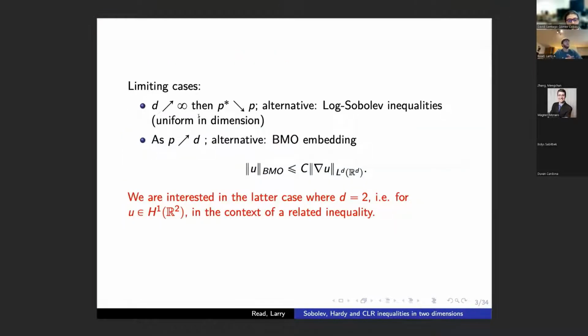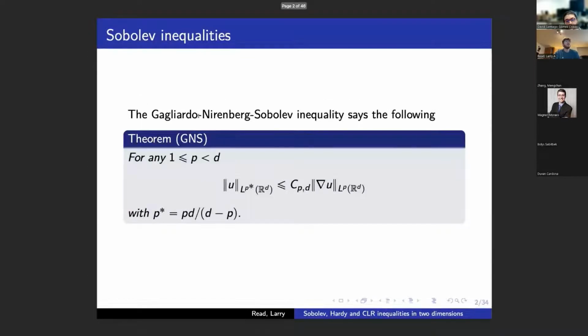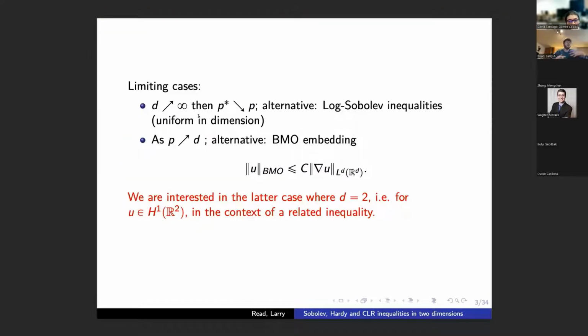And the other scenario is when the integrability of your gradient, the L^p integrability, is the same as the dimension. In this case, again, one loses the result with the constant, and one can consider the alternative, which is the BMO embedding.